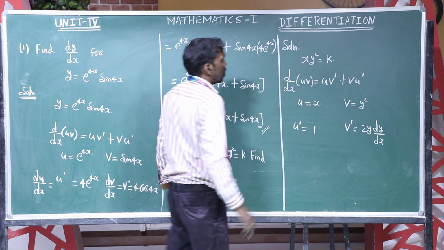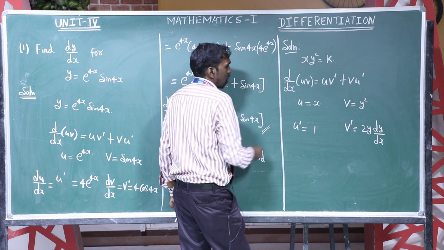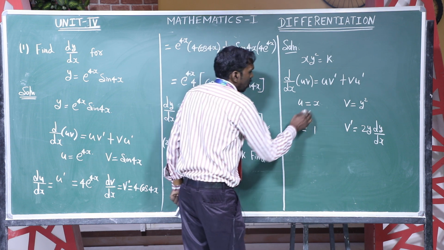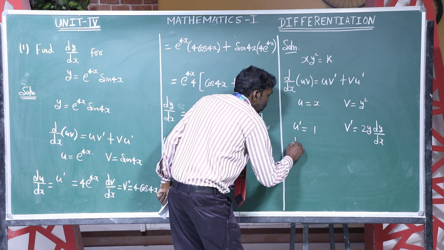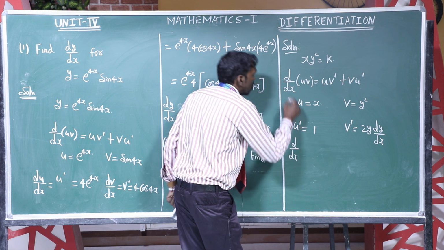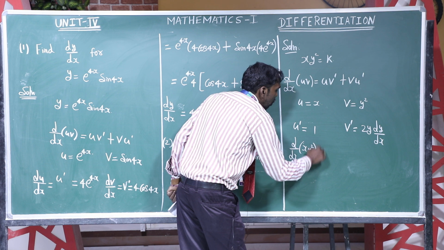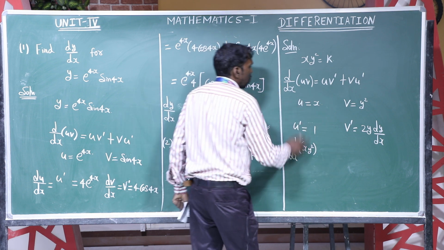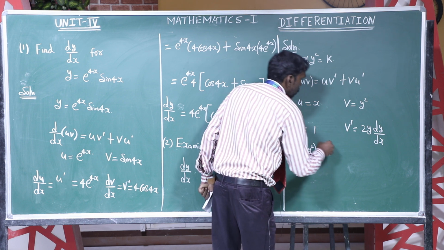Now just substitute here. So for xy square, we can just substitute into the derivative formula, uv dash plus vu dash. So derivative of xy square equals derivative of k.